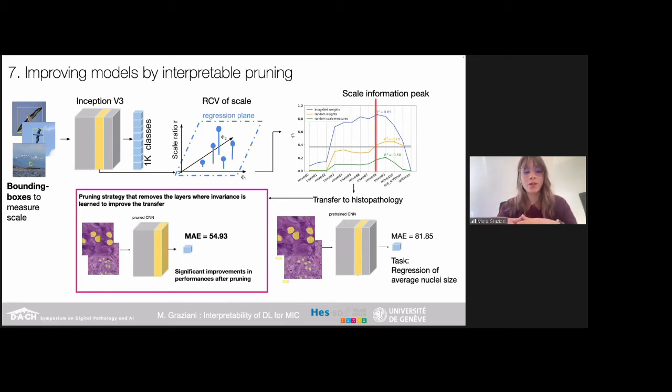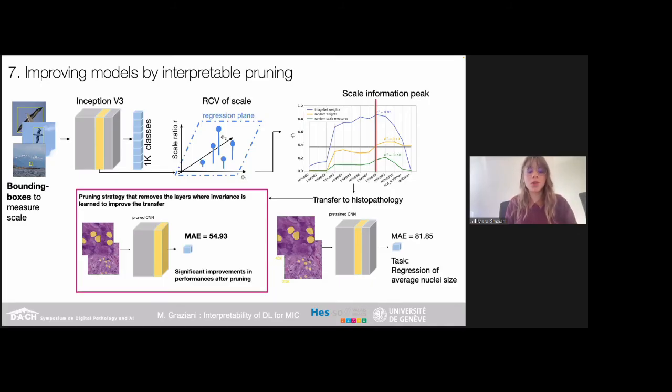I don't think we have enough time to go into details here, but in concrete, what I did was using regression concept vectors to quantify how much information about a given feature we can identify across deep learning layers. On the basis of this information, we can prune off some of those layers that are learning features that we don't want to have. And this seems to improve, for example, the transfer to some histopathology tasks.